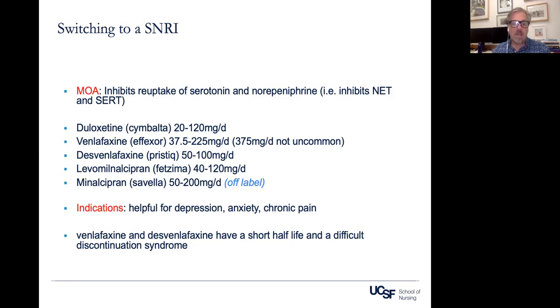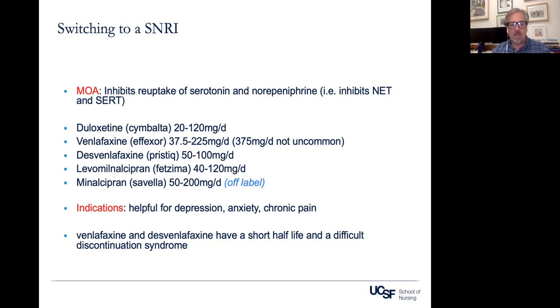Desvenlafaxine is the newer version of venlafaxine. It's marketed under the name of Pristiq. It's essentially just the first metabolite of venlafaxine. Levomilnacipran is the newest kid on the block. This is the left-handed version of a drug called milnacipran, which you can see there, which is not indicated for depression, but it's used in Europe for that reason.